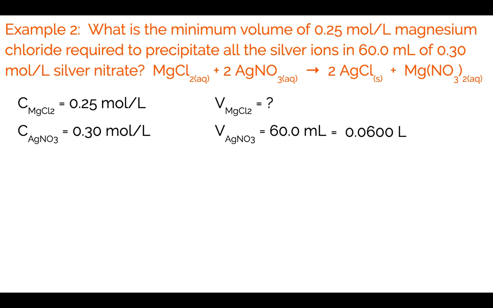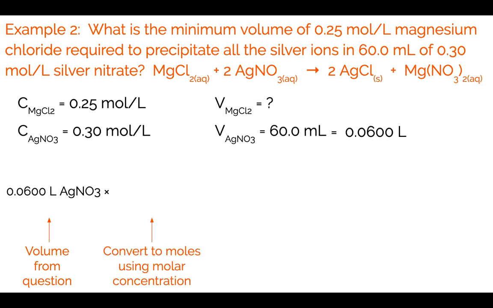We're going to need to convert that volume to liters so that we can do the calculation. So we take the volume of the given, which is silver nitrate, from the question in liters, and now we're going to convert to moles. And we're going to do that using the concentration. So we have 0.30 moles for every 1 liter.